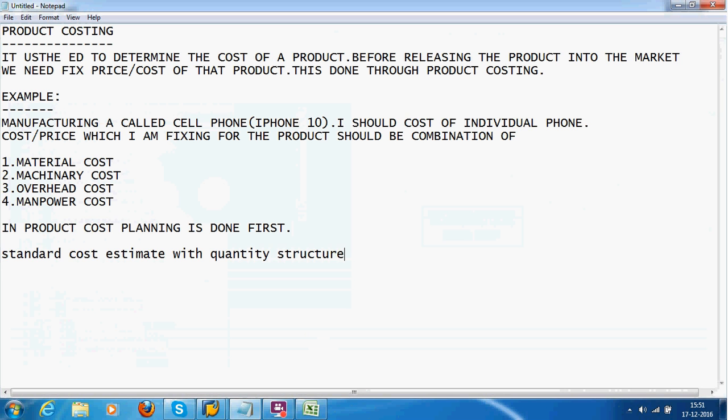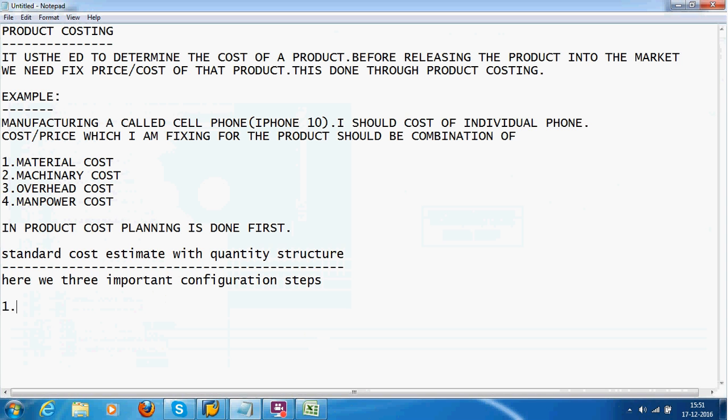In the standard cost estimate structure, we have three important configuration steps.